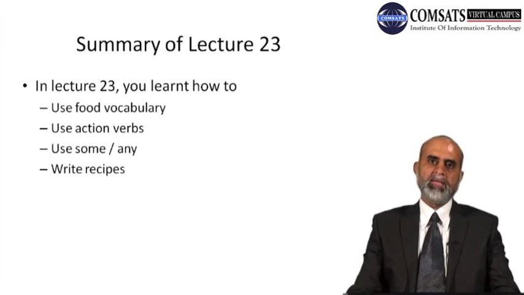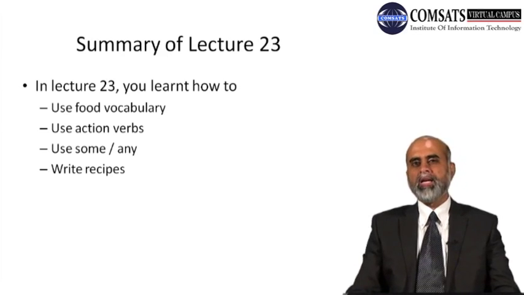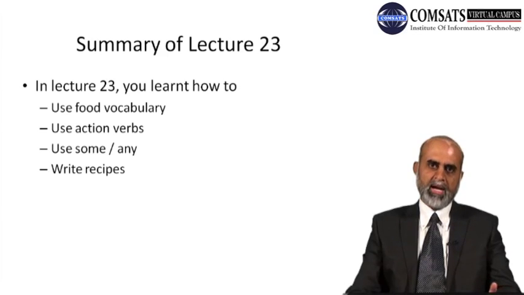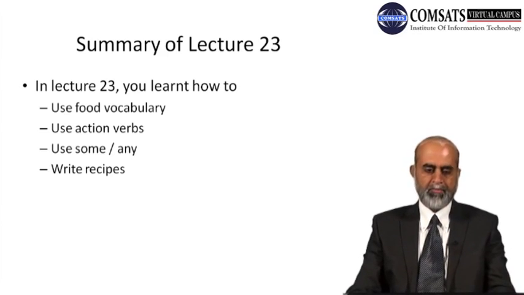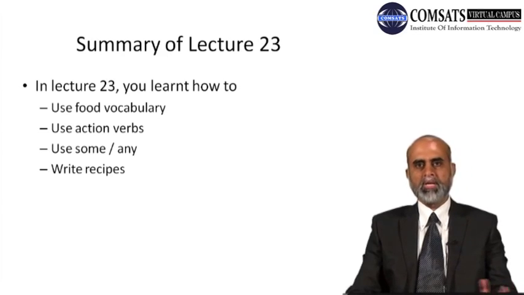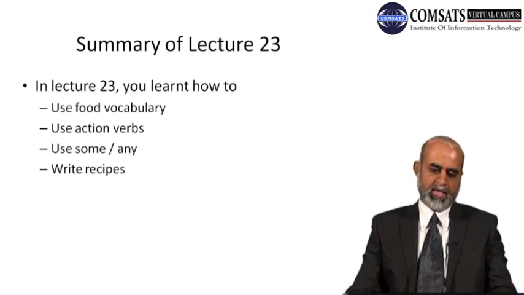Garnishing, sprinkling, that are not really cooking verbs, but these are action verbs, and they are used either before cooking or after cooking or during cooking. They are part of the cooking process. We also learned how to use some, any, a, and an. So you need to differentiate between countable and uncountable food items, and then accordingly you should use some or any or a or an with it.